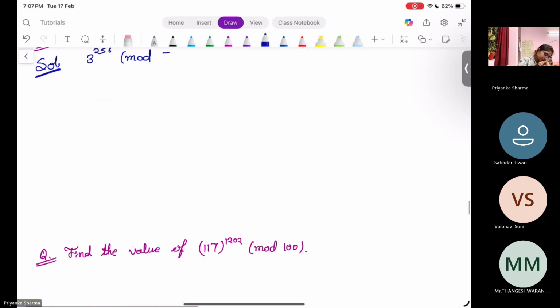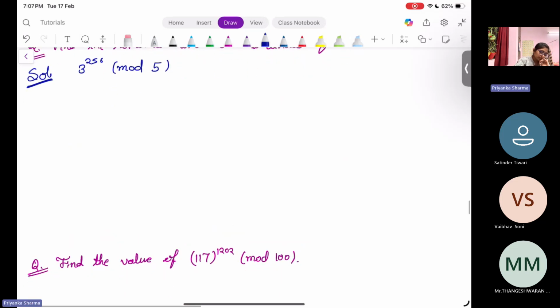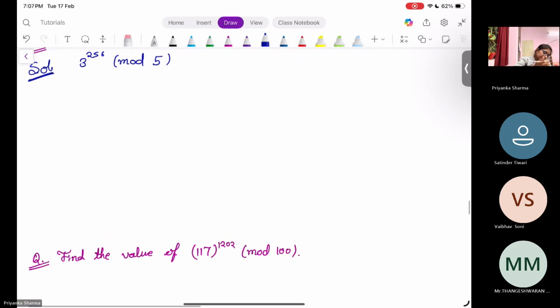We need to consider this, right? So how to do it? Again, we'll take the totient function, since 5 is prime.